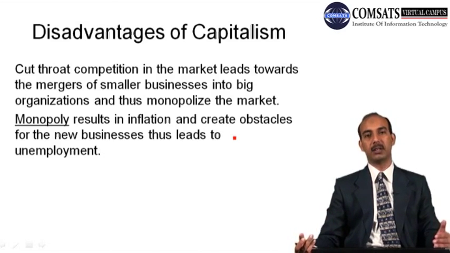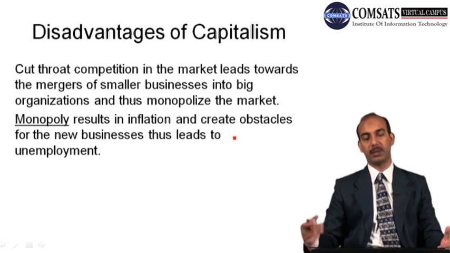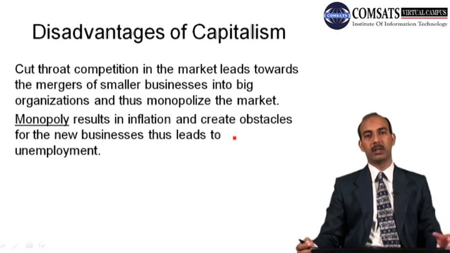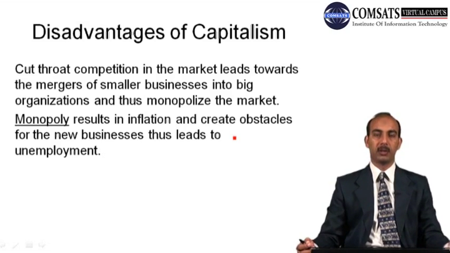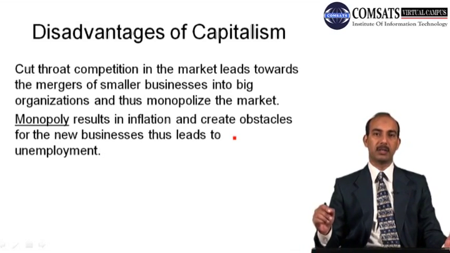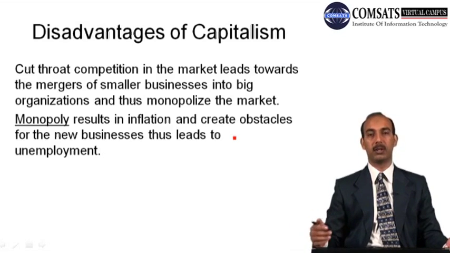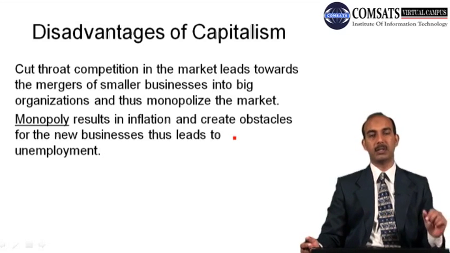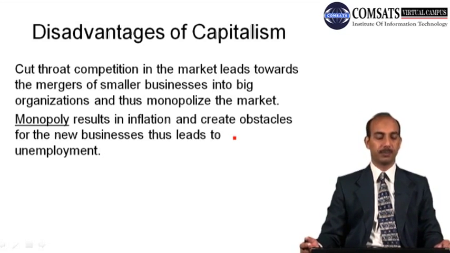So the result is that the smaller organizations, where the input cost is greater than that of the bigger organizations, gradually disappear. So when there is no competition in the market, it leads towards monopoly. So when monopolies are established, the businesses can charge higher prices. So inflation takes place, and with the elimination of smaller businesses, unemployment takes place. So monopoly is also one of the features of capitalism.